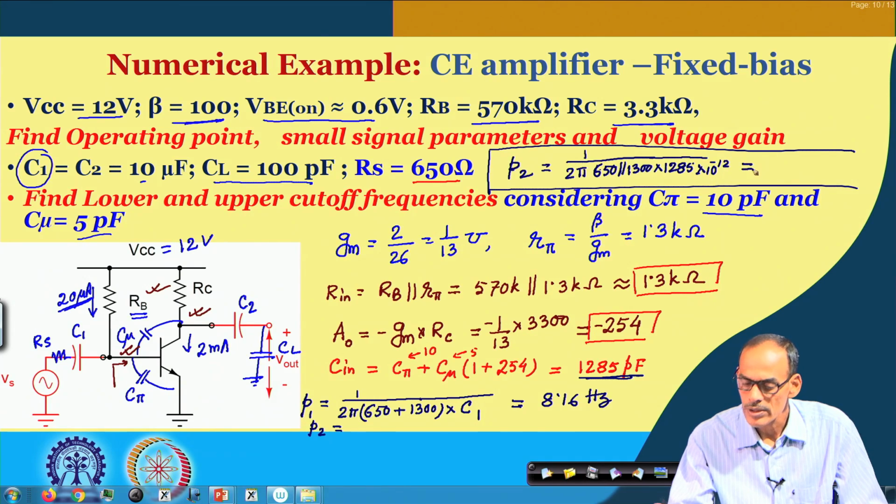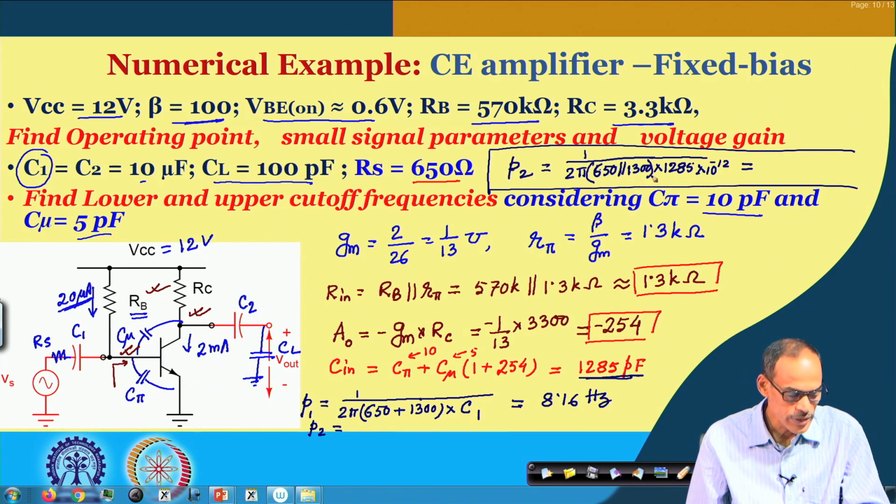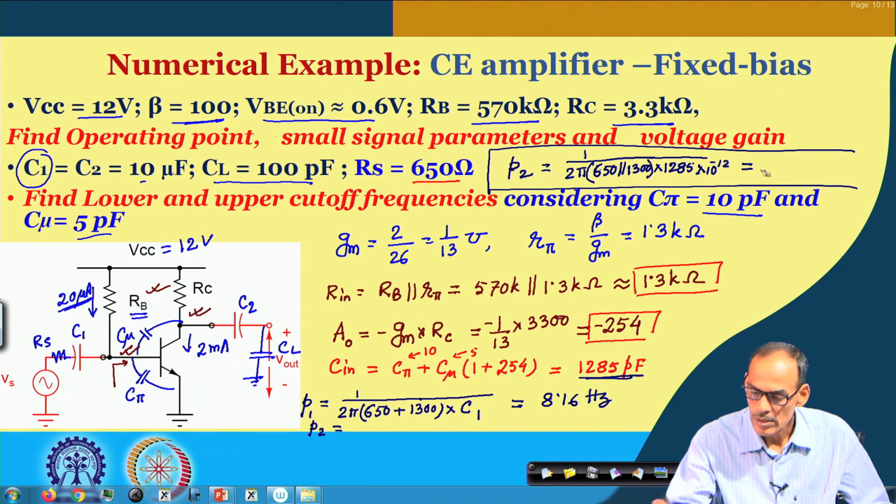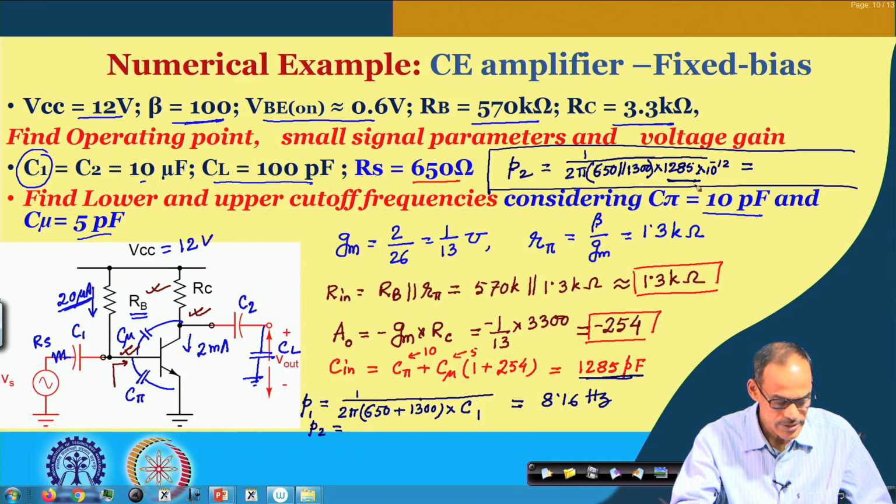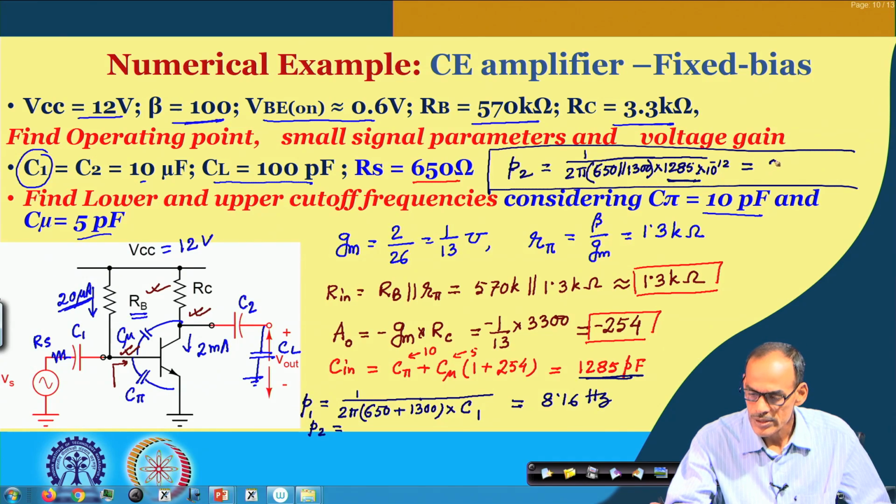So, with this, again this part is coming, whatever 433, and with that, of course, this capacitance is slightly different, and this gives us 286 kilohertz.